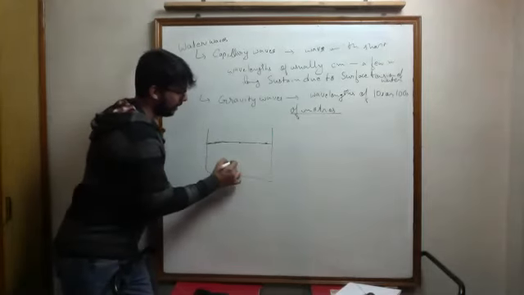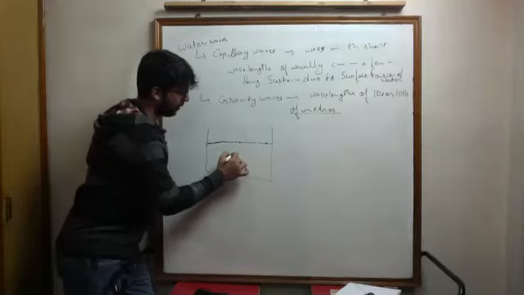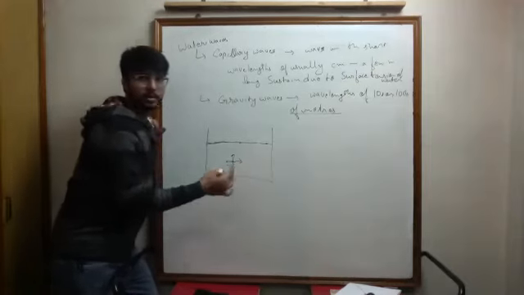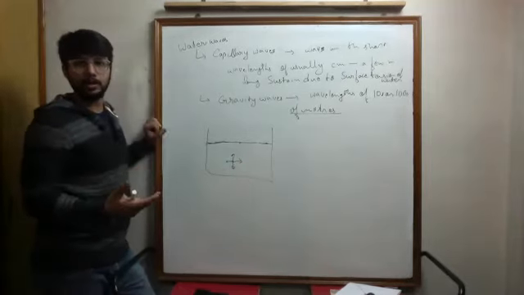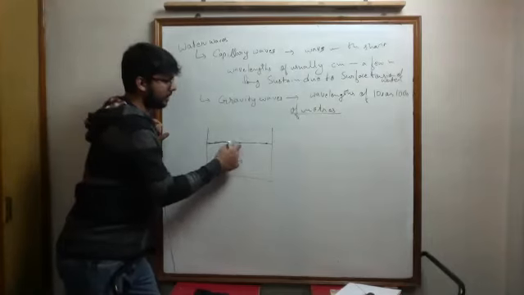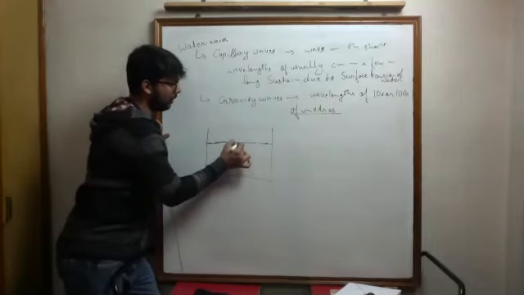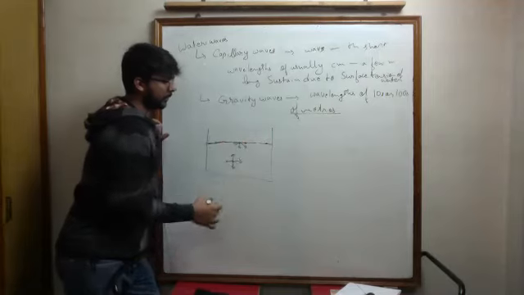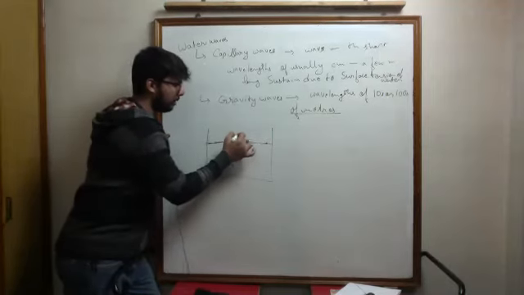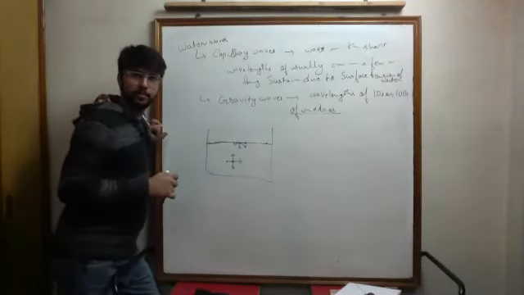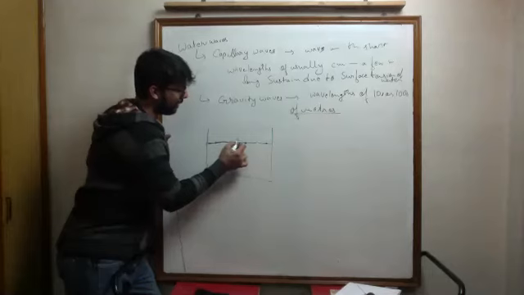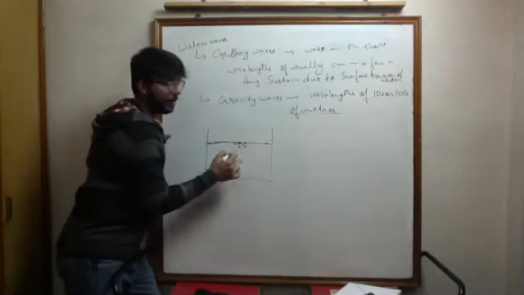The particle in the middle is getting pulled from all directions, right? Because there are other particles attracting it from all directions. But the particle at the surface is only getting pulled this way, right? Here no one is pulling it upwards.